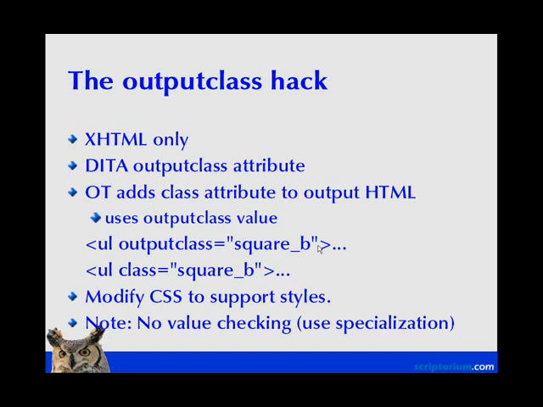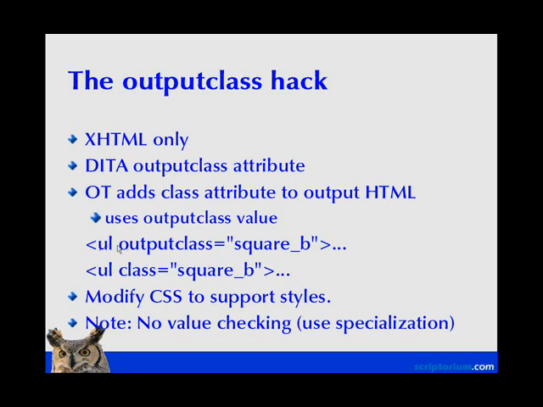Now there's another hack that's associated with CSS. And this really is a hack. There's nothing else to be said about it other than it only works for XHTML. DITA specifies an output class attribute, and this is defined for all elements in DITA.